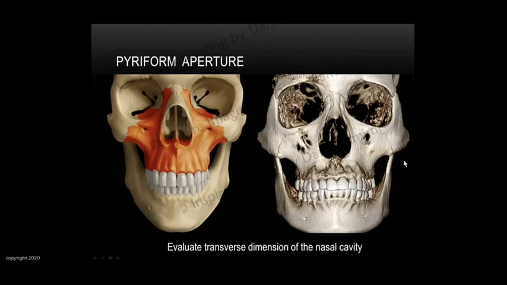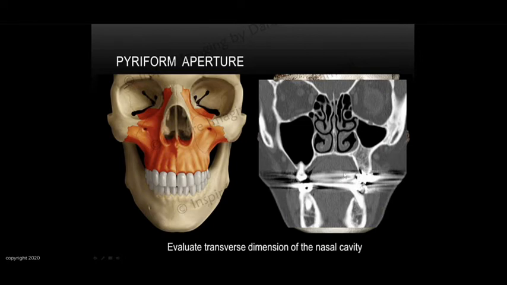So let's travel into the nasal cavity, going through the piriform aperture into the nasal cavity. And I like to create 3D imaging of the skull to look at the morphology of the face, the mid-face, the nasal cavity, as well as the maxilla. And I look at the transverse dimension of the nasal cavity, and I also look at the transverse dimension of the maxilla, because the two are linked to one another.